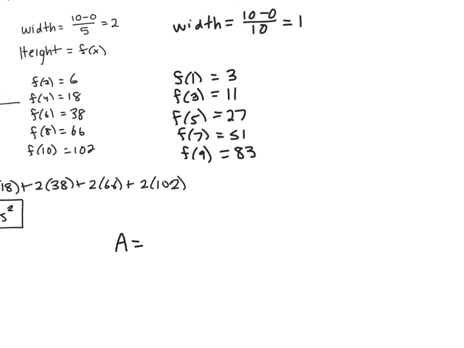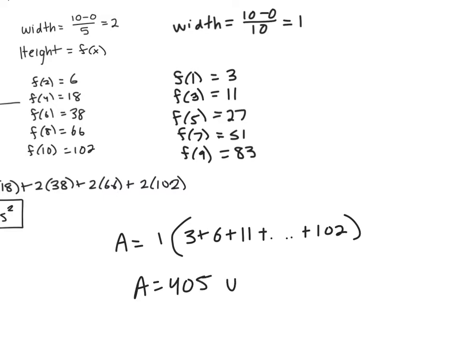So now for this area, the width of all of my rectangles is 1, and then I take the sum of all of these values. So 3 plus 6 plus 11, all the way up to 102. So if you find this area, we actually get an area of 405 units squared.